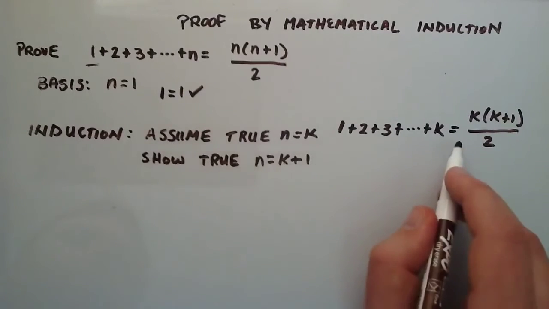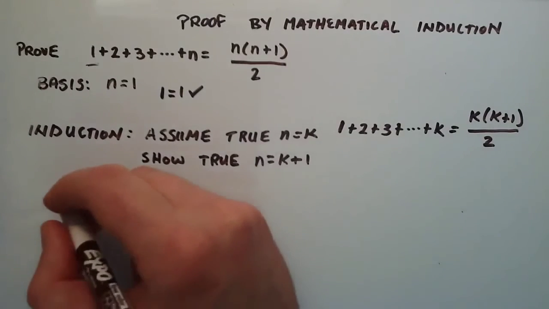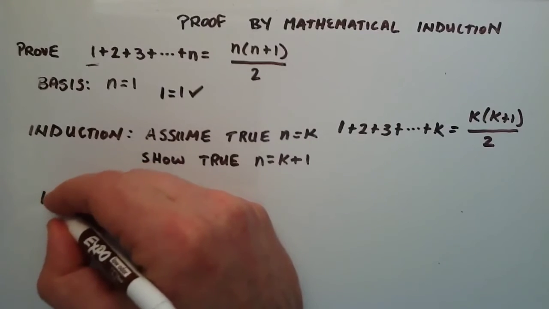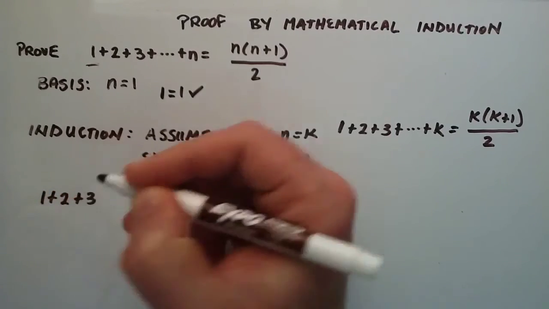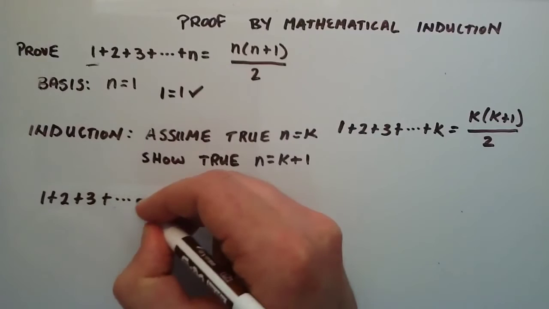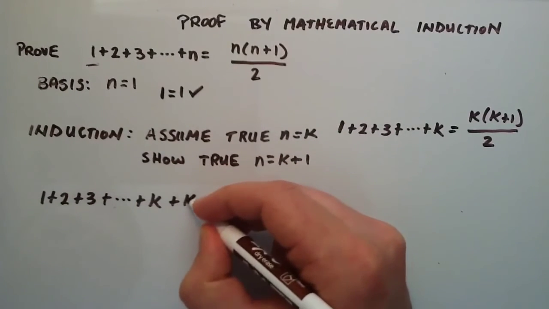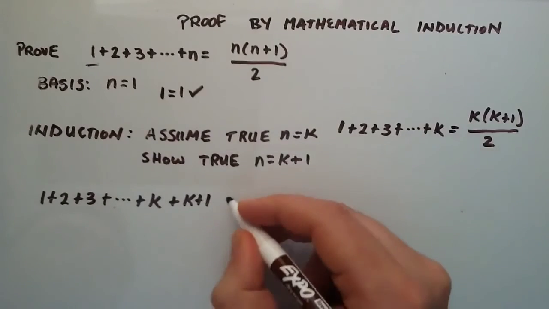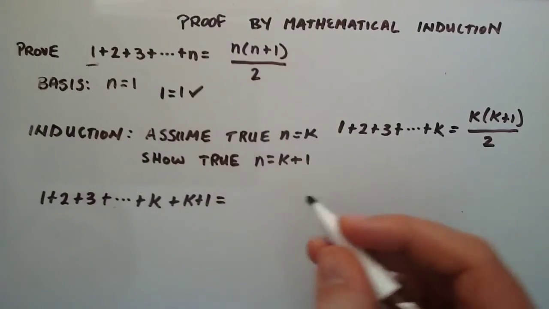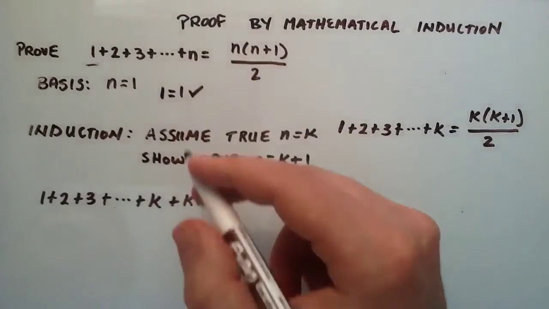So for n equals k plus 1, we basically have 1 plus 2 plus 3 plus all the way up to k, and then we go one more further to k plus 1. And then we're also going to plug in k plus 1 where the n's are here.